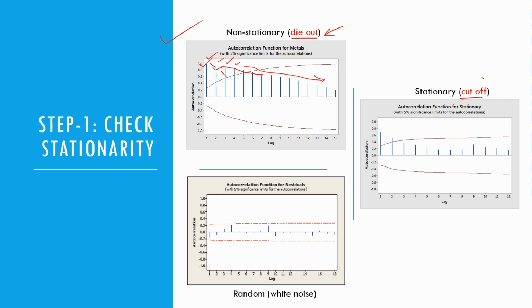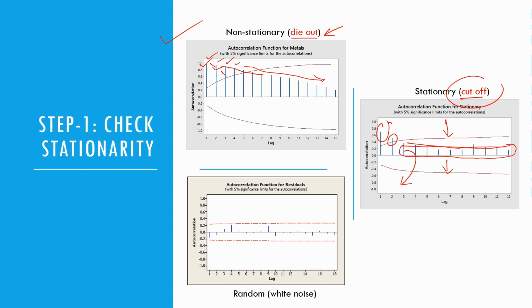And what is cut off? Cut off means just the initial 1 or 2 are significant, and after that all are insignificant. By the way, when you see any line that is within these two control limits, it means it is 0. It is showing some value, but that is not significantly different from 0.